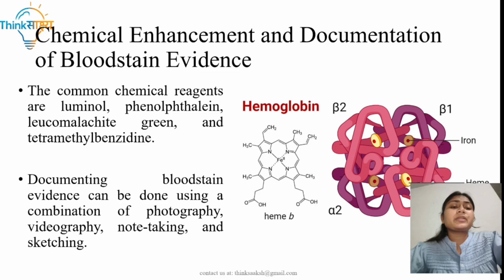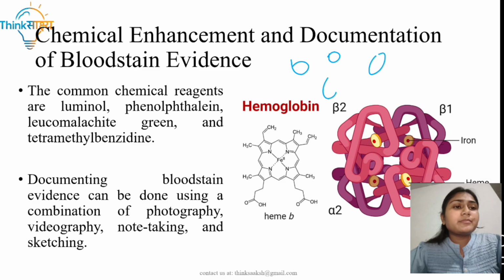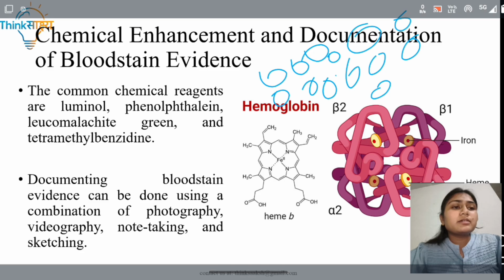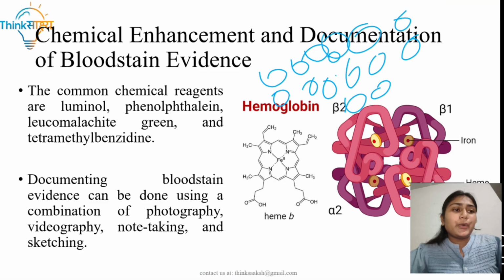Photography can be done in three types. First is from the far range, second mid range, and third is zoom range, like close range, very close range. Suppose these are the so many blood stains.